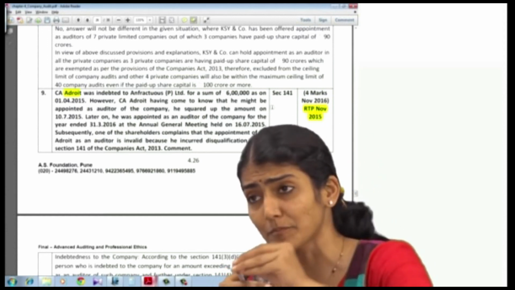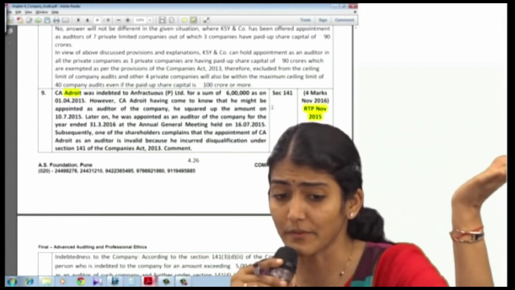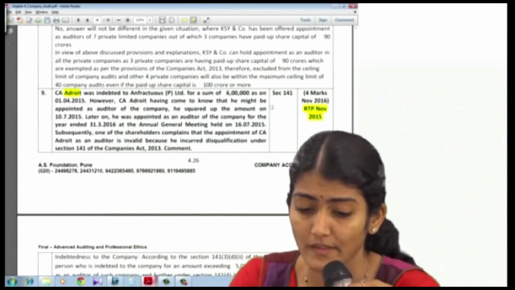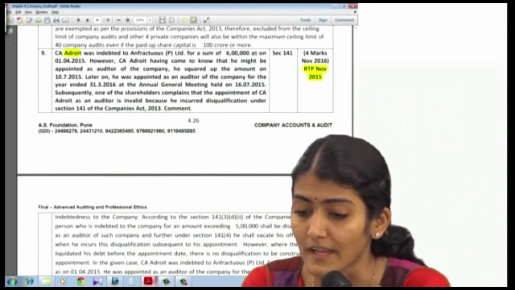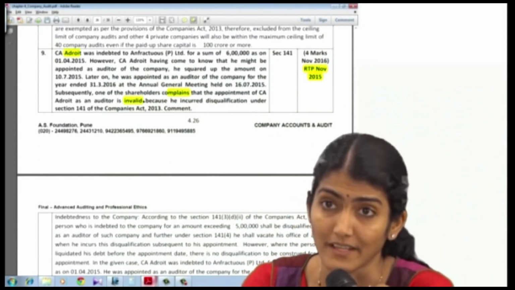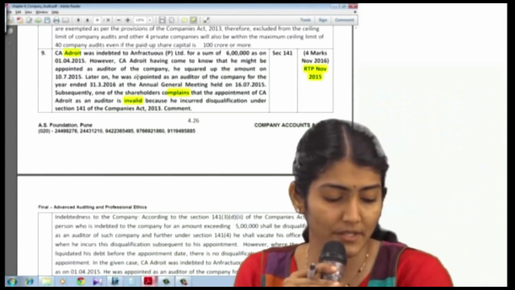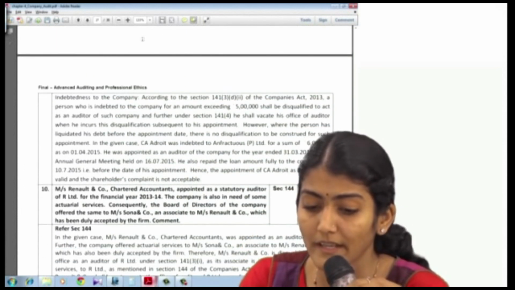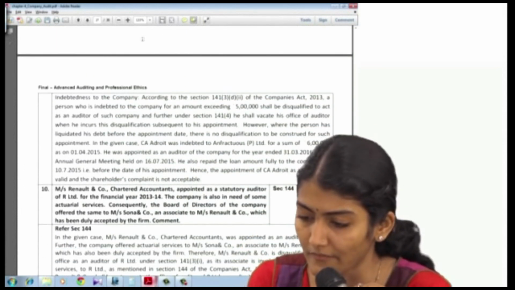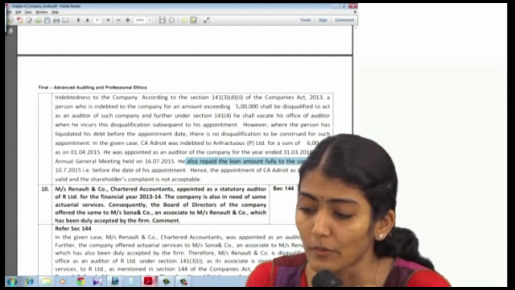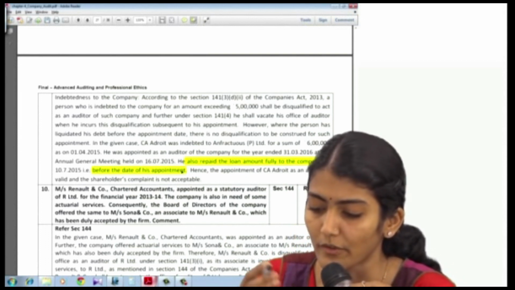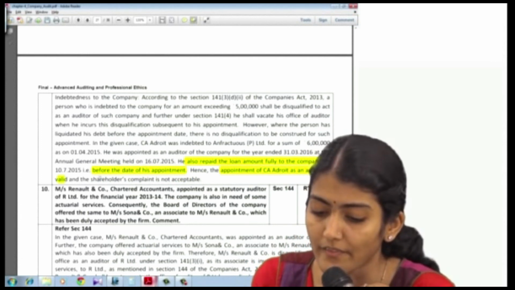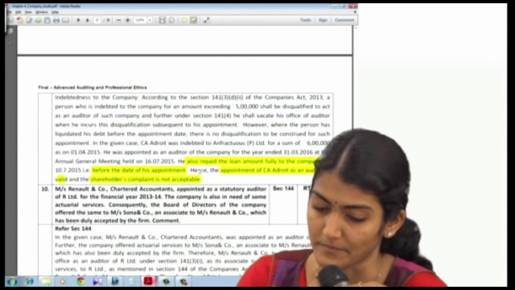Now here, the moment he came to know that he may be appointed, whatever indebtedness was there, he squared up. That is why the complaint of the shareholder is invalid. The auditor's appointment is not invalid, the shareholder's complaint is invalid. Right? So indebtedness to the company. In the given case, he has also repaid the loan amount fully to the company before the date of his appointment. Hence, the appointment of CA Adroit as an auditor is valid and the shareholder's complaint is not acceptable.